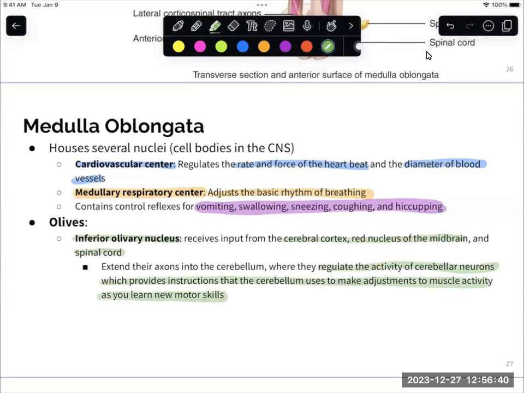When you learn something new, remember your cerebellum is monitoring whatever you're doing. We mentioned that in the last chapter when we talked about all of these different pathways of everything. Well, these olives are helping connect to that cerebellum so it can make those different adjustments.